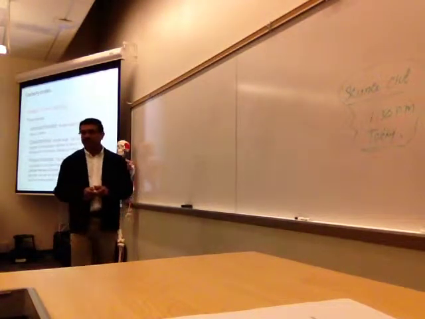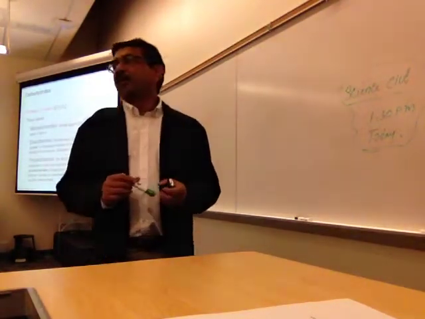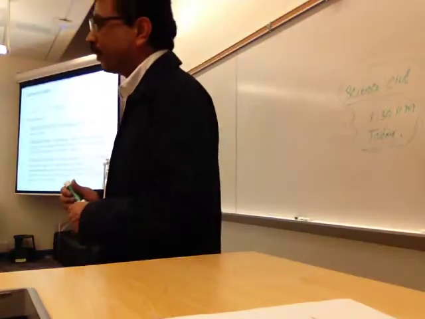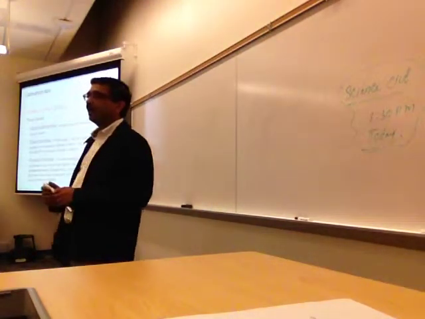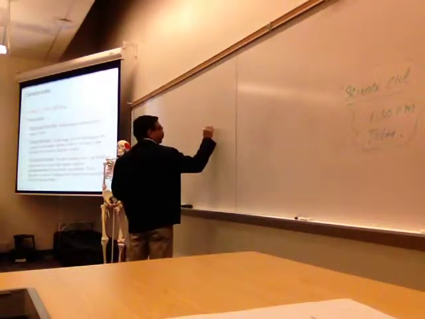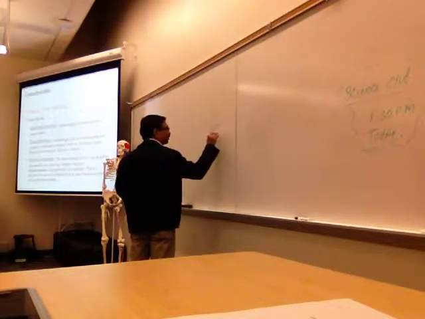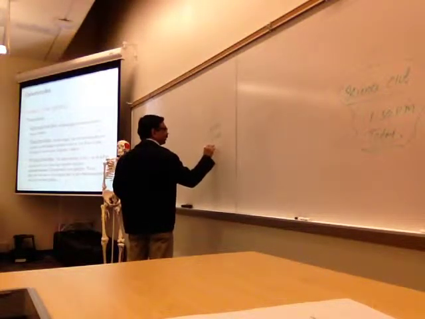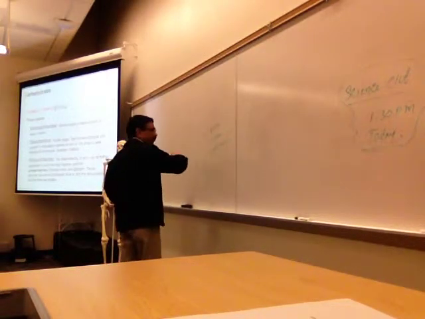Two monosaccharides join to form disaccharides. Disaccharides are maltose, lactose, galactose. So, maltose, lactose, galactose, those are disaccharides.